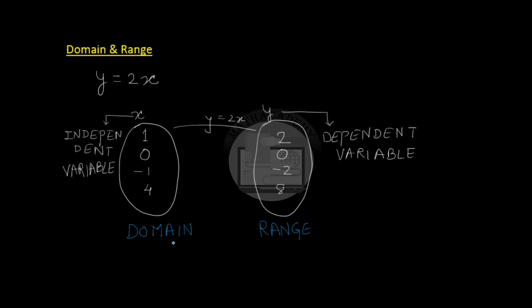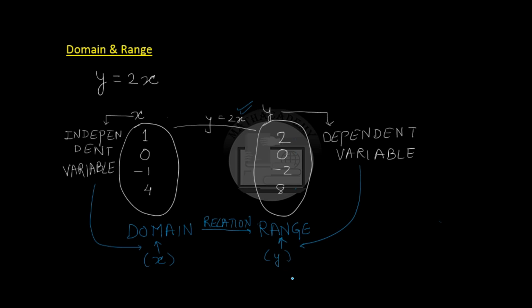The domain is mapped to the range by a relation. In this particular case, our relation was y is equal to 2x. So the domain is all the independent values and the range is all the dependent values. In terms of x and y, all the x values go in the domain and all the y values go in the range.